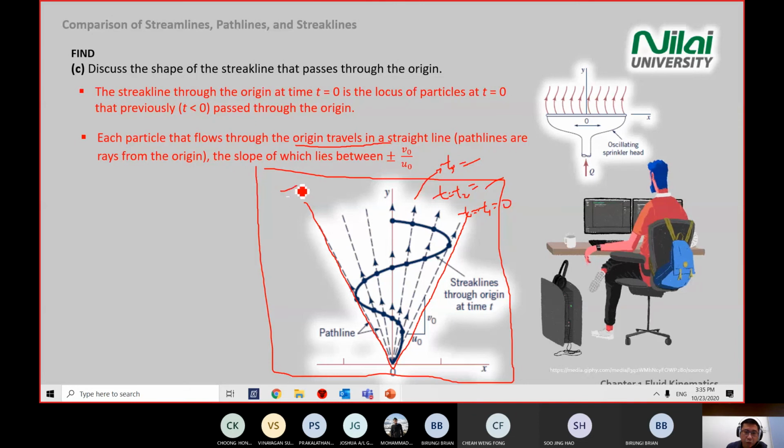So let's say we have two t's, t equal to 0 and t equal to some value, for example t equal to 100.